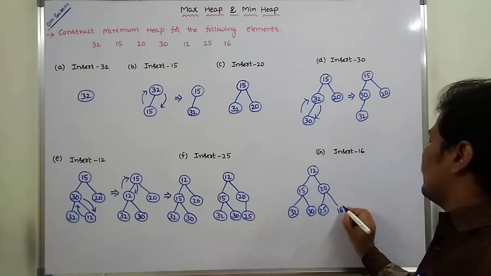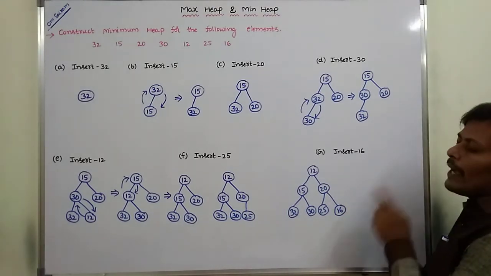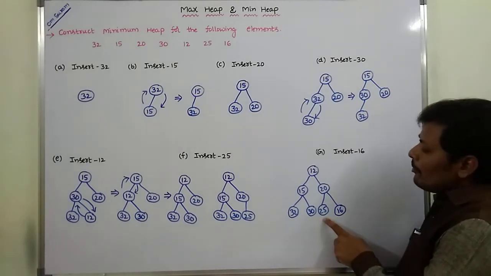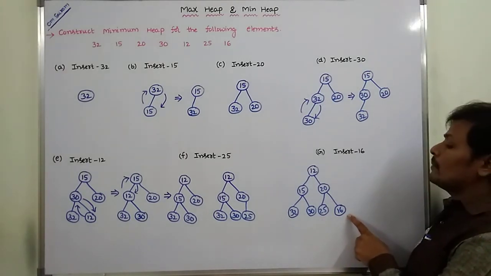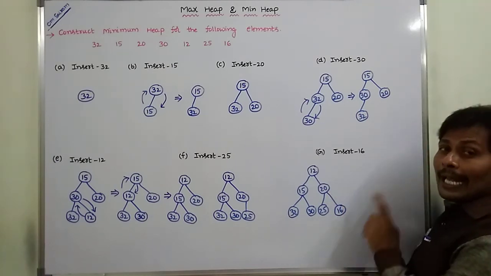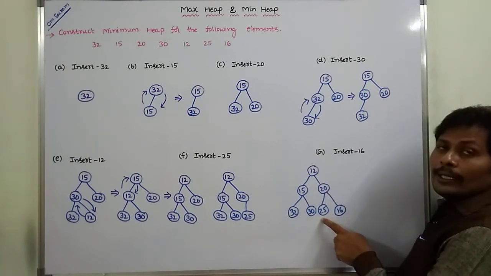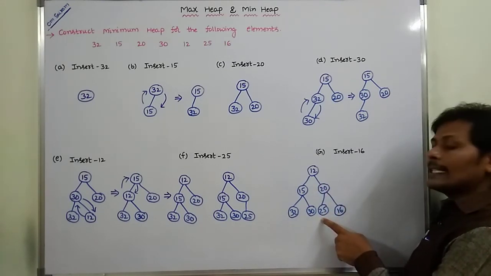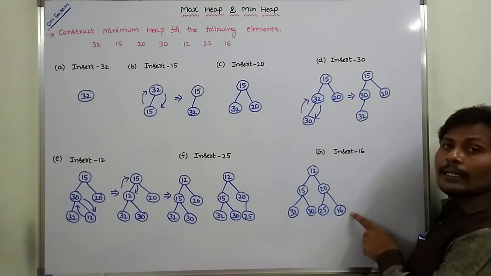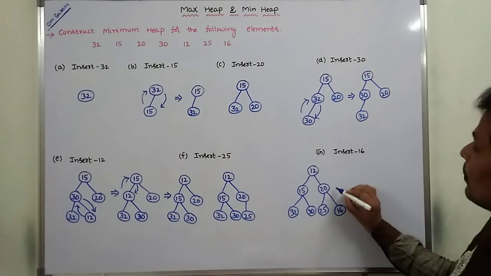Now, does it satisfy the minimum heap property or not? 25 and 16 have the parent 20. The parent node value should be less than its children's node values. 20 is less than 25, so it satisfies the minimum heap property. 20 is less than 16, it is false.